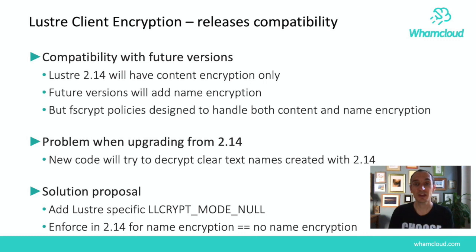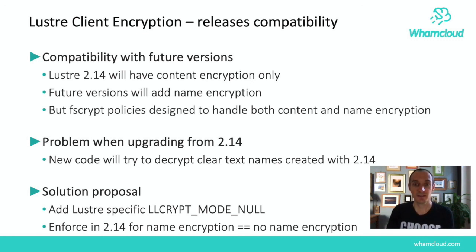So consider the case where you create a new file system with 2.14. You create files, you activate encryption, so those files will have their content encrypted, but not their names. And then imagine that later on, you upgrade to a release that is capable of doing file name encryption.